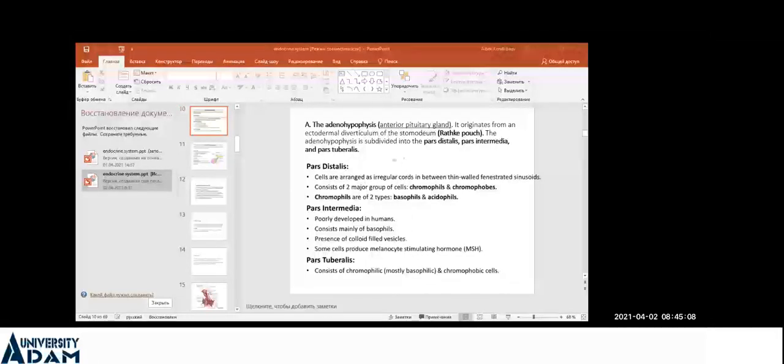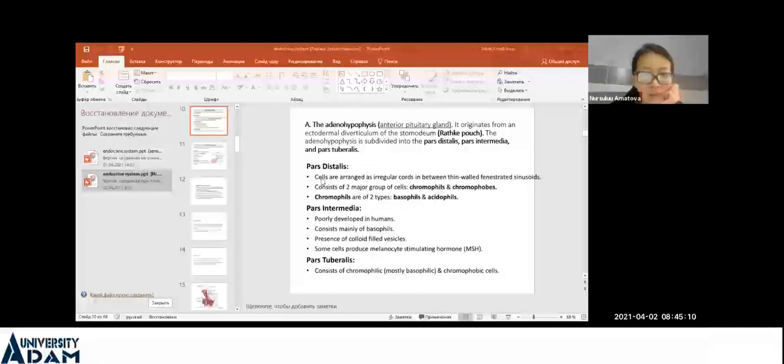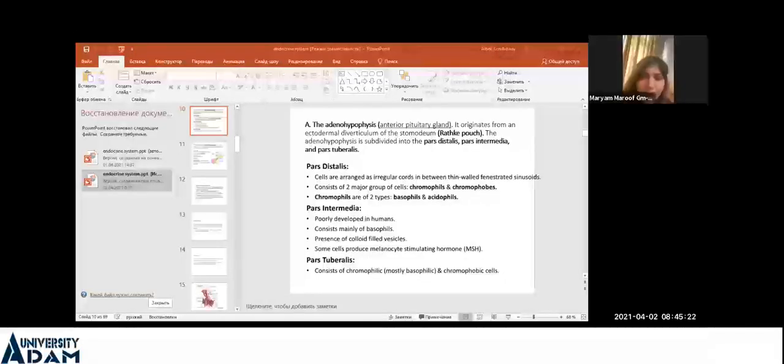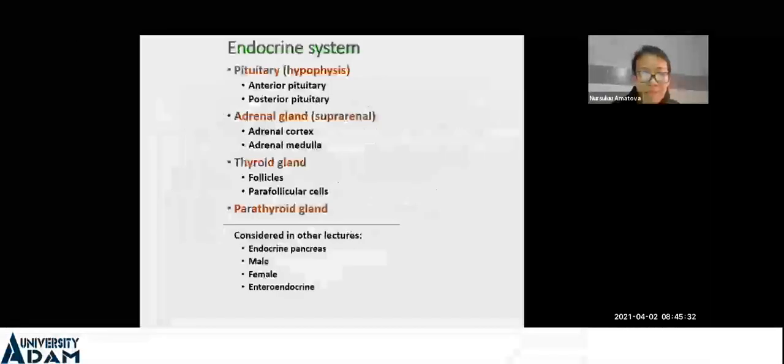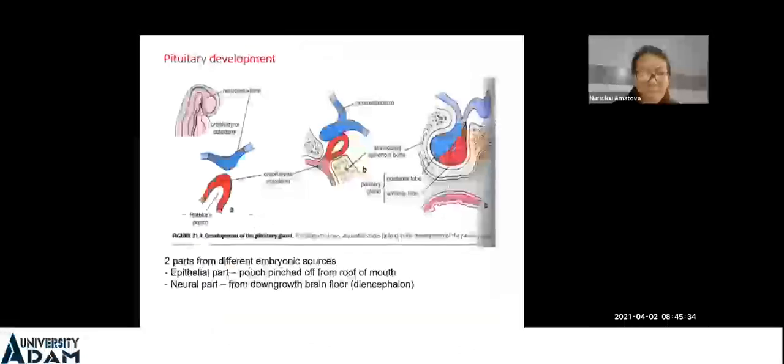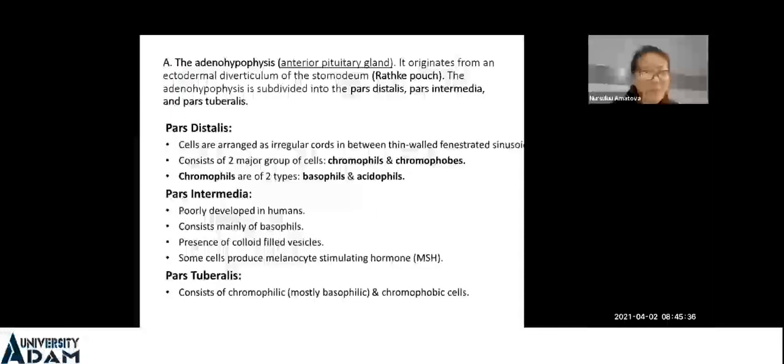About pars distalis. Pars distalis cells are arranged as irregular cords between thin-walled sinusoids. Continue, Mariam.